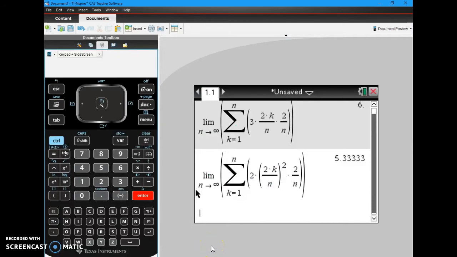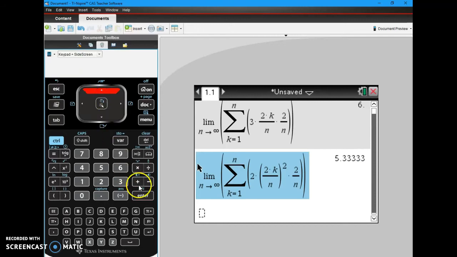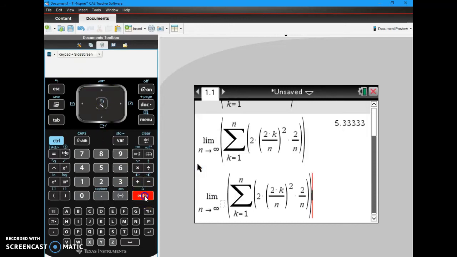Okay, I switched over to the calculator screen to show you how I got the answers to 1 and 2. And then let's try and get the answer to 3. So this takes a long time to type in. So I'm going to click up, up, and then hit enter. And then copy and paste it down. And then I'm just going to adjust what I need to adjust. So I want that 2 over n.